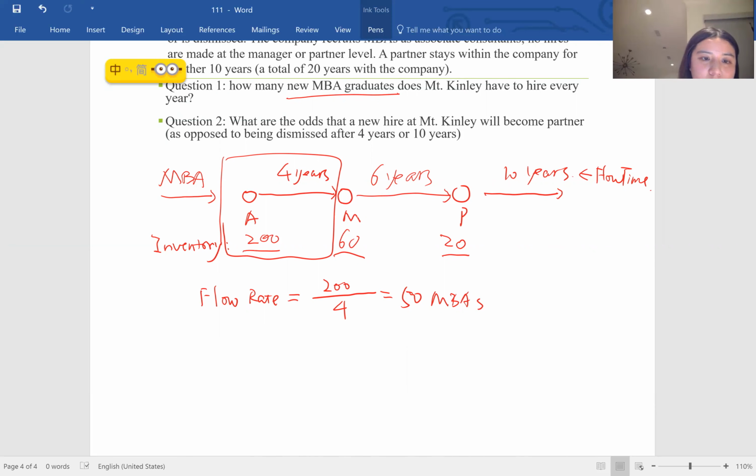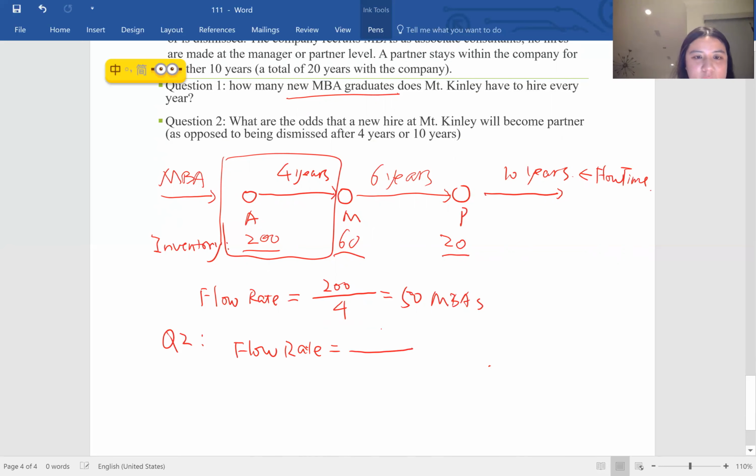Since we have already calculated the flow rate of the associate level, let's look at how many associates enter the manager position every year. This is the flow rate at the manager level.